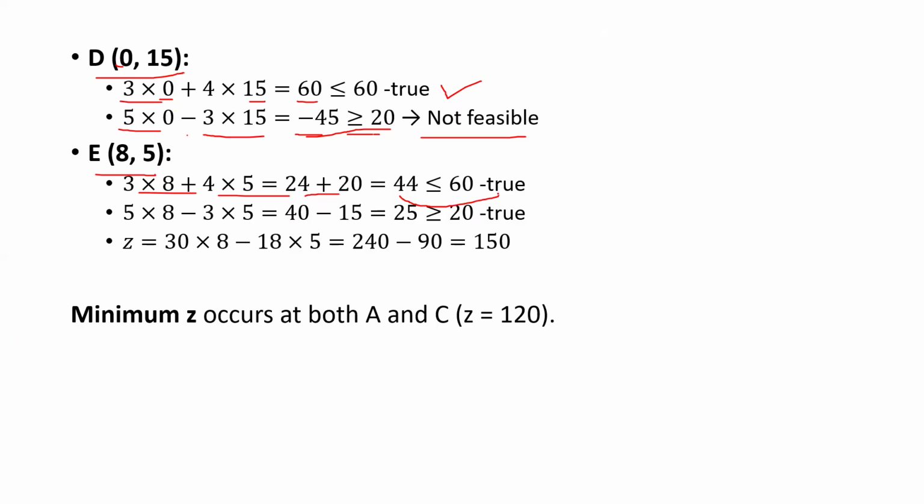Next one, 5 into 8 minus 3 into 5. So 40 minus 15. My value is 25, greater than or equal to 20. So automatically this is also true. So both are true. Now we can find out the z value.